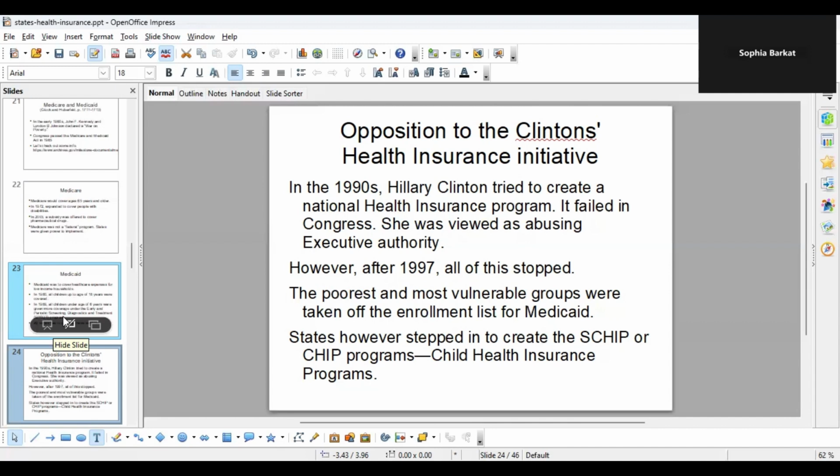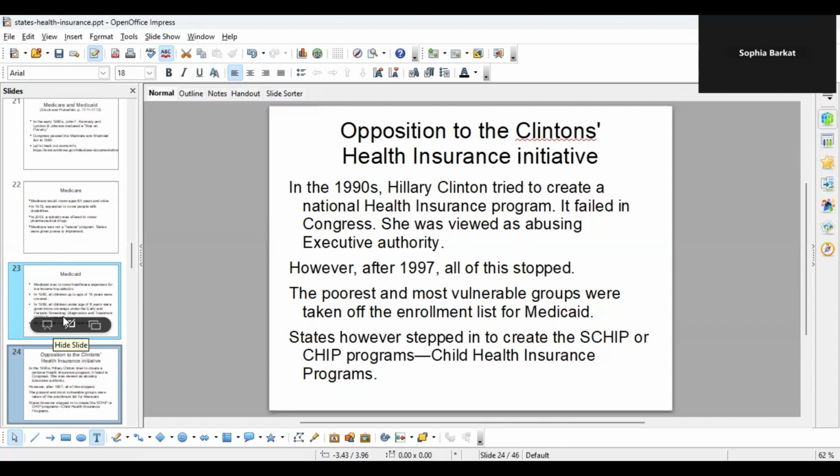However, after 1997, we see that there was much more pushback. The poorest and most vulnerable groups were taken off the enrollment list for Medicaid.